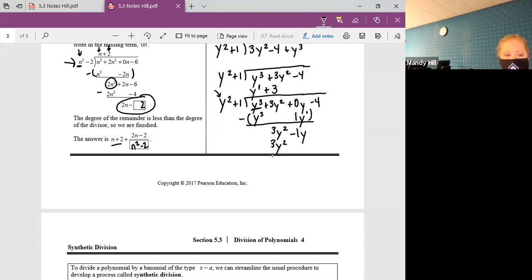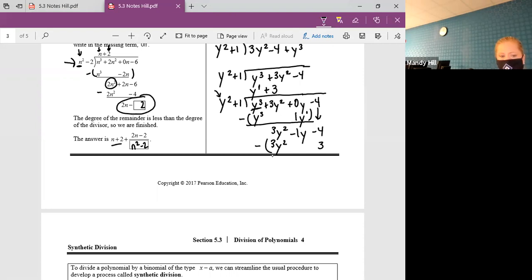I forgot to bring down my negative 4, sorry about that. Now 3 times 1 is just 3. I wouldn't put it under something that has a y. I need to put it over here with the constant term that matches it, the like term.